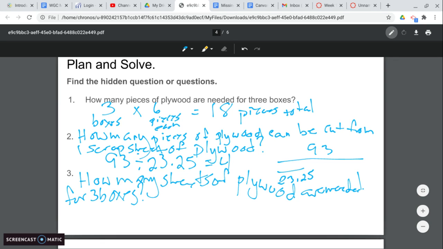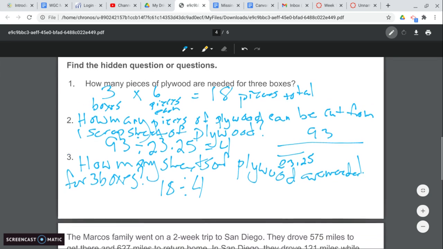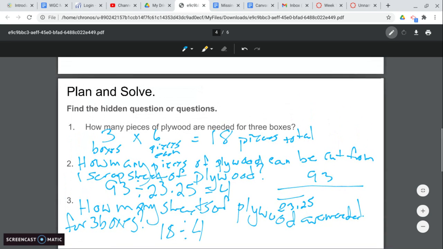We know that it takes 18 pieces total, and 4 pieces can come out of 1 sheet, so we need to take 18 and divide it by 4. So 18 divided by 4. 4 can go into 18 4 times. We get 16, subtract. 18 minus 16 is 2. So we end up with 4, remainder 2.